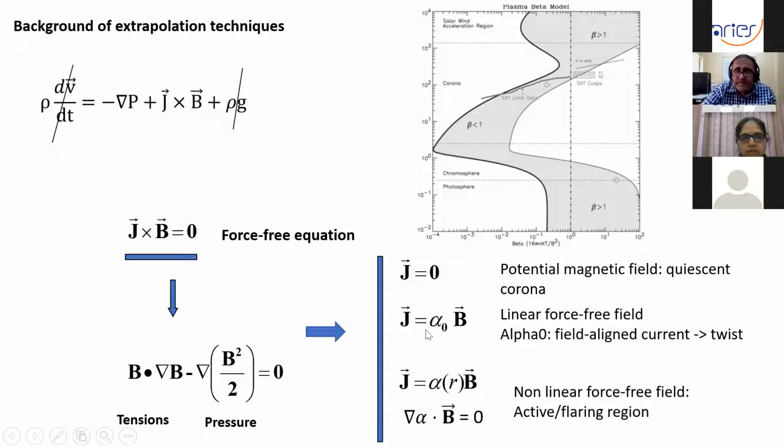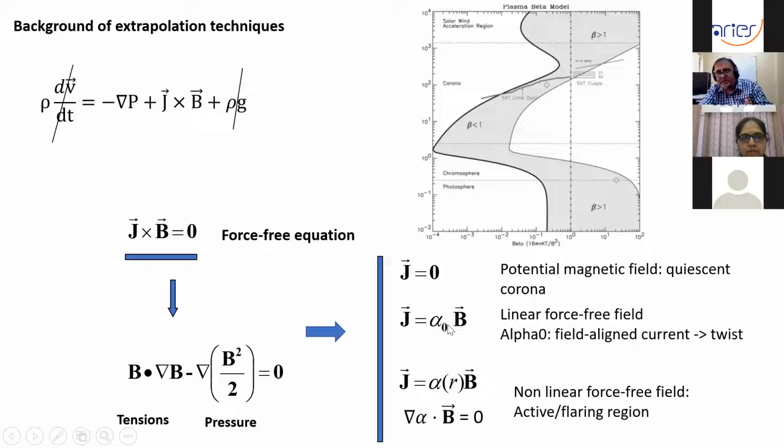The other solution is obviously J is parallel to B, because then also J cross B is 0, and the easiest solution is J is equal to a constant alpha naught times B. And please note that this alpha naught represents the twist of the field line. And alpha naught being constant, the twist is constant throughout the region of interest.